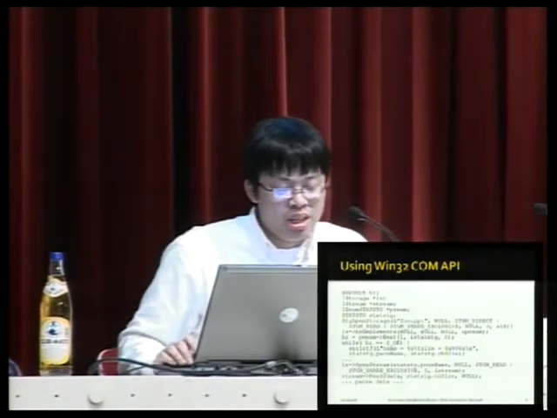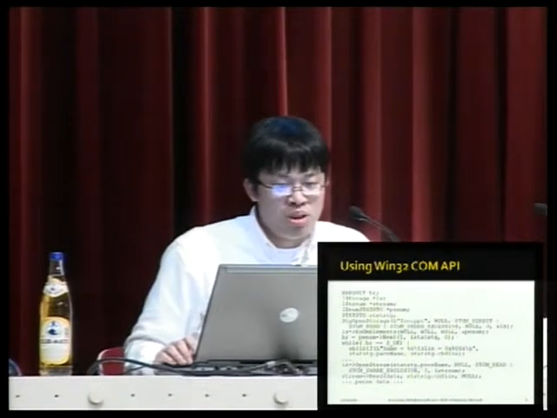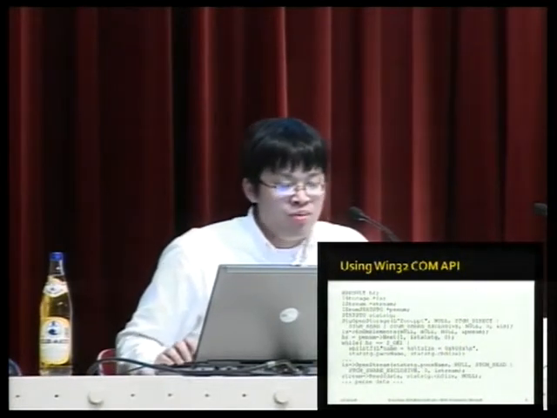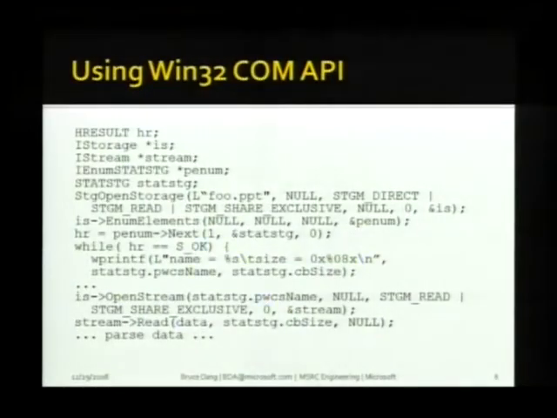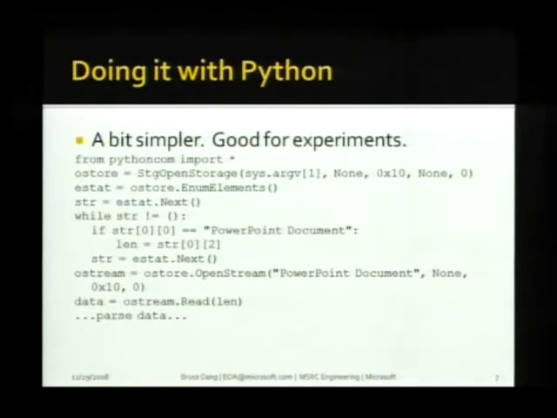This is an example of how to use the COM API. But if you don't know C or C++, which is probably only 1% of you, you can use Python. I actually like Python a lot, so go Python.